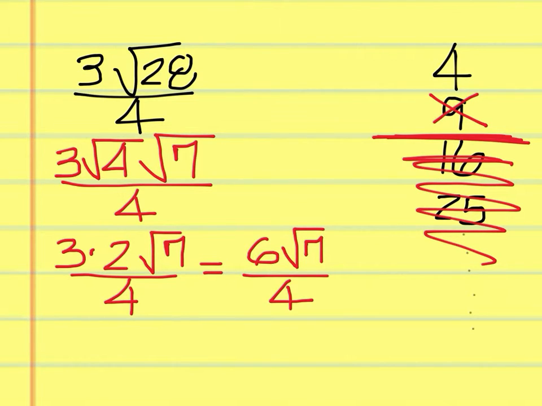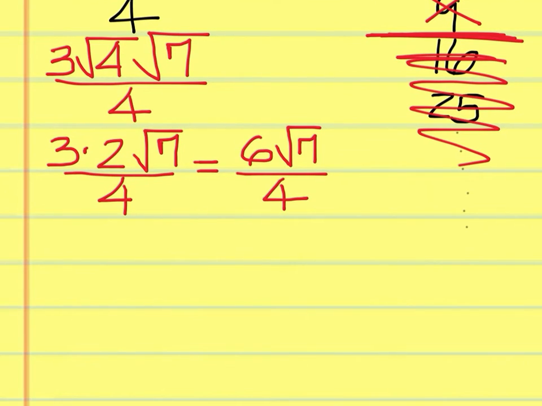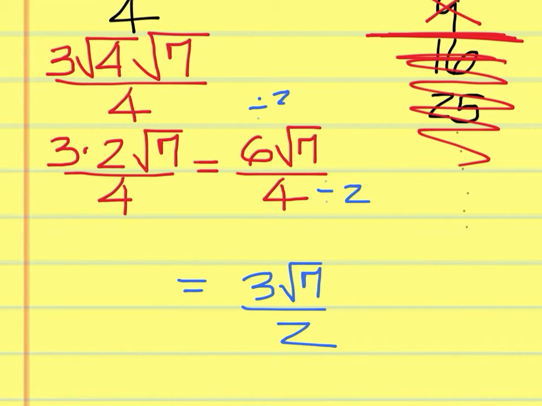You're not finished yet, because you can simplify here. 6 over 4. You can simplify that fraction. What number goes into 6 and 4? 2. So if I divide by 2 here and by 2 there, I'll come up with 3 square root of 7 over 2.